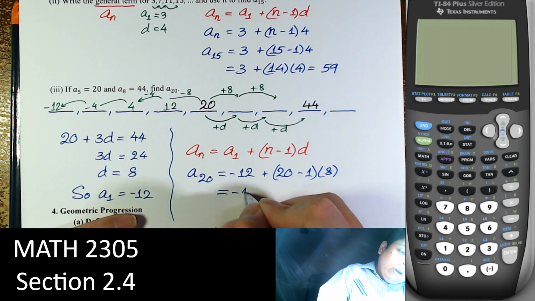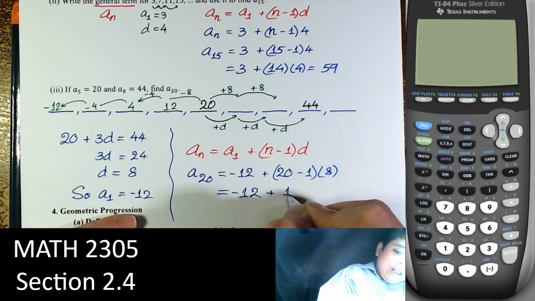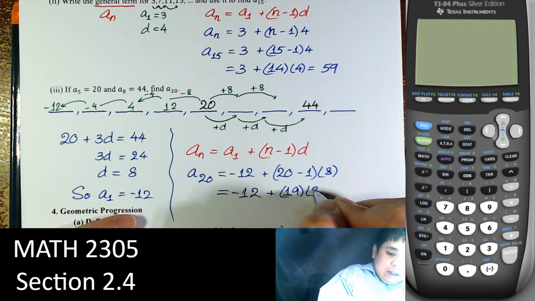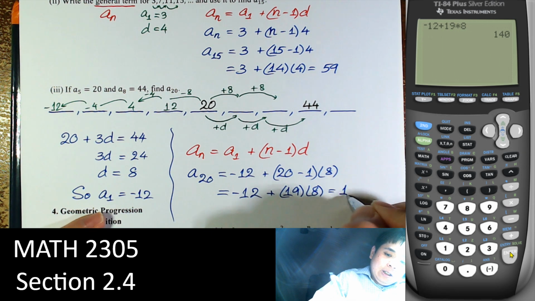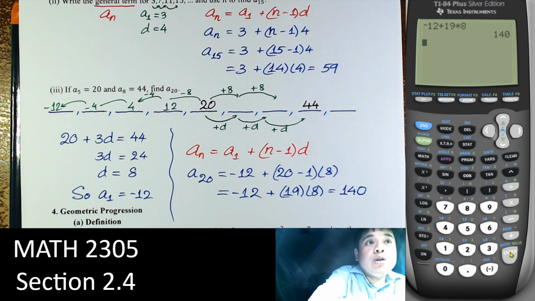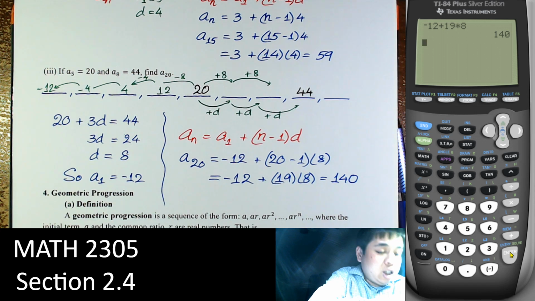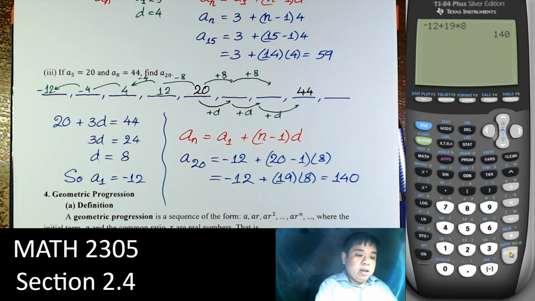So negative 12 plus 19 times 8. It's 140. Right. So that is arithmetic sequence or arithmetic progression.